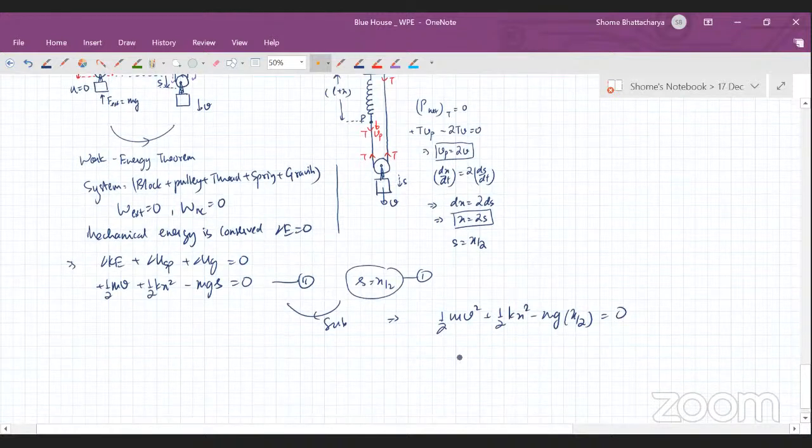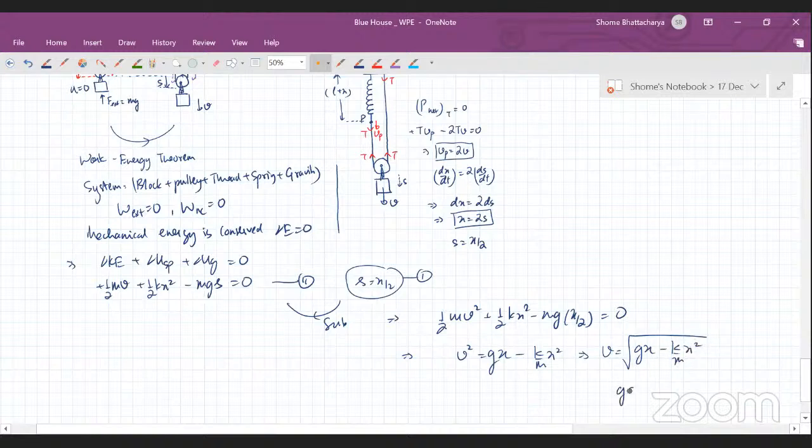So we have the relation that v square is equal to gx minus k by m x square, or v as a function of x is square root of gx minus k by m x square, where g is 10.